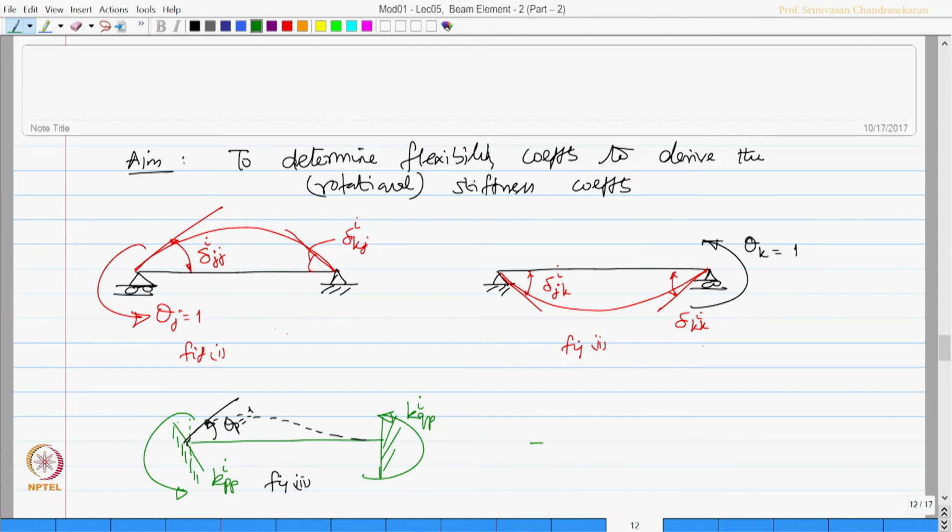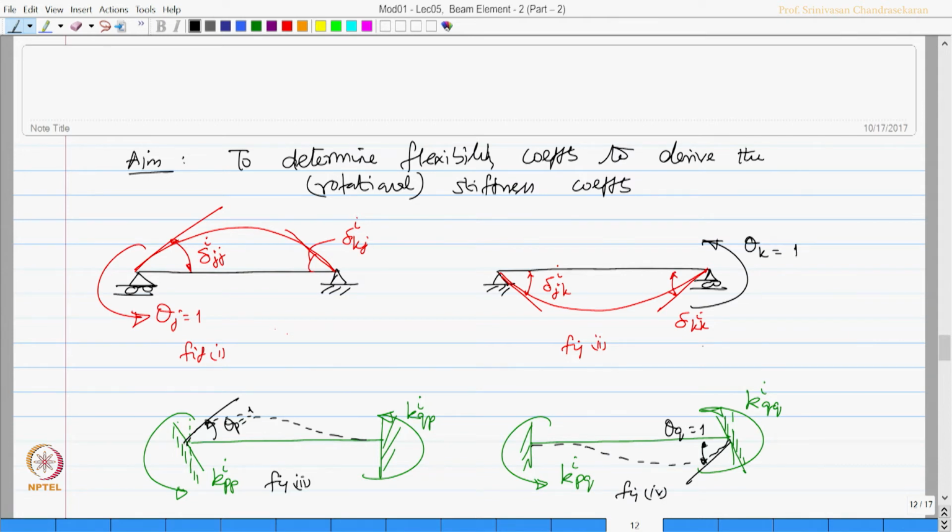Similarly, let us say this end is fixed and this end is imposed by a rotation, which is going to cause KQQ, which will cause an end moment KPQ, and that is going to cause a rotation of theta q, which is unity. I call this figure 4.